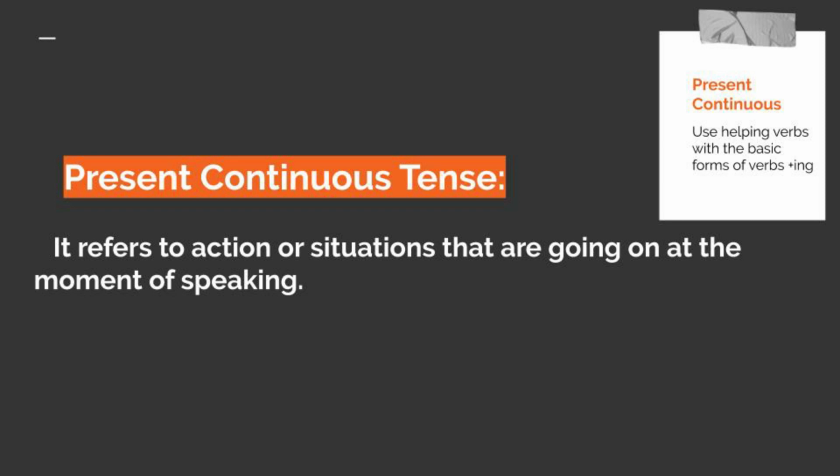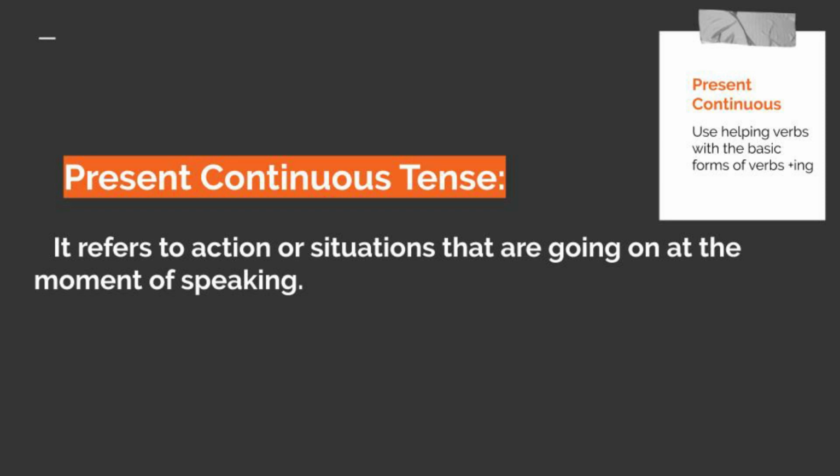Okay? It's happening now. So present continuous tense refers to actions or situations that are going on at the moment of speaking. Right? So as we speak, whatever is happening, when we describe that, it takes the shade or the color of present continuous tense.